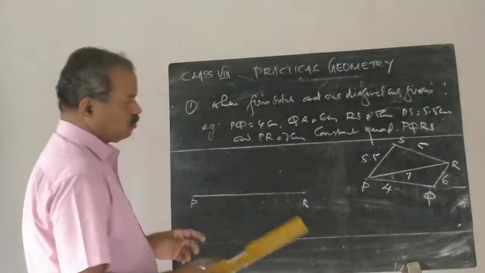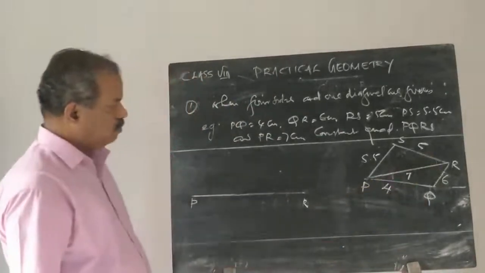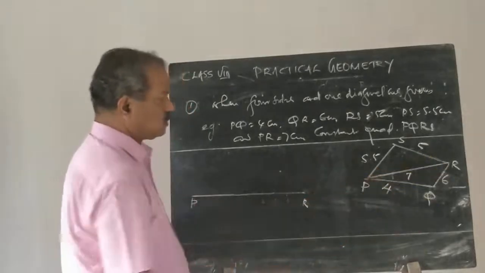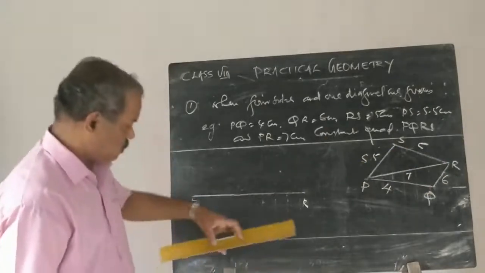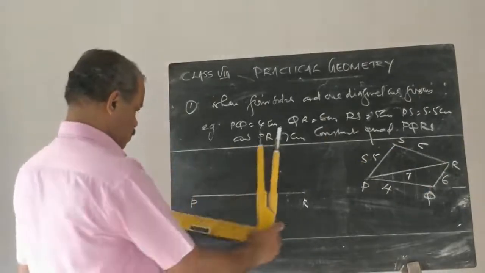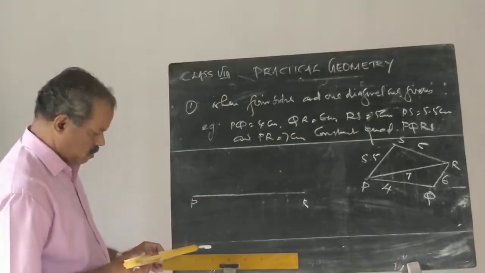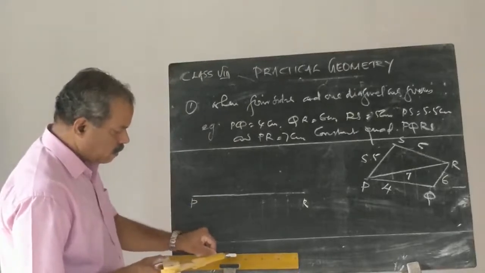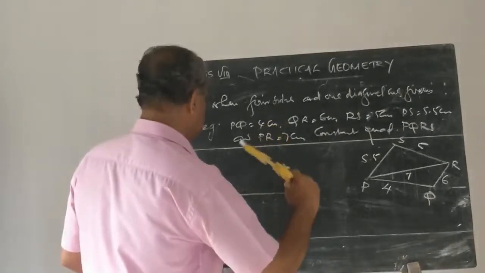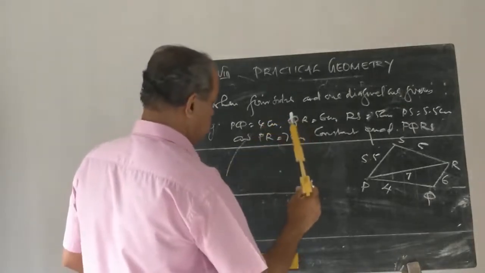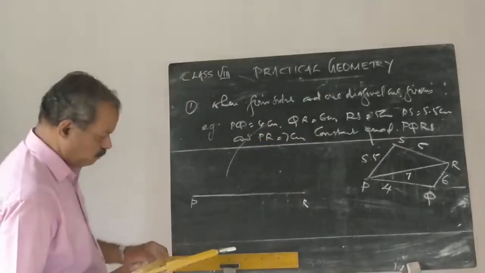Then PQ 4 centimeters, RQ 6 centimeters, RS 5 centimeters, PS 5.5.